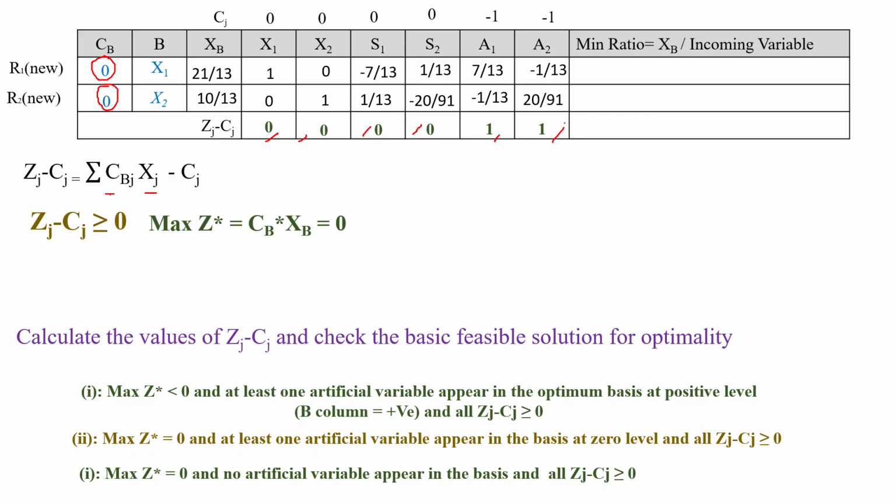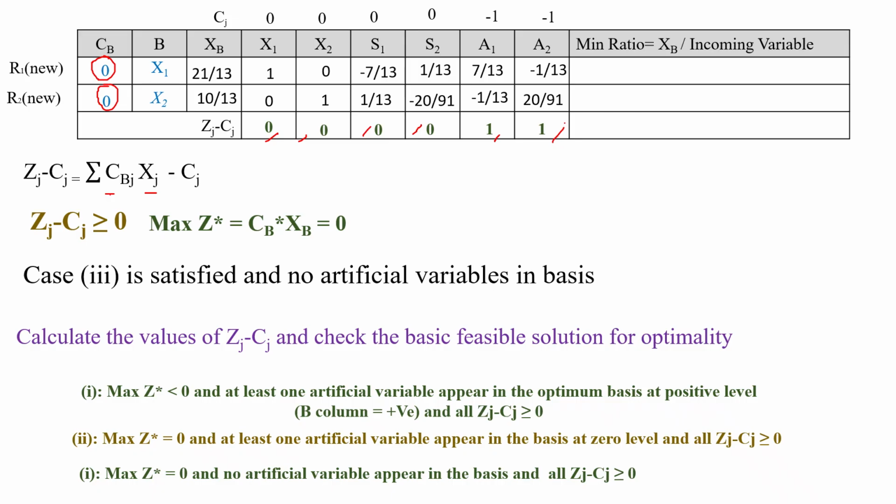Moreover, I have to check the Z star value, that is the multiplication of CB values with the XB. So that is also 0. So maximum Z star is also 0, and all ZJ minus CJ values are greater than or equal to 0.